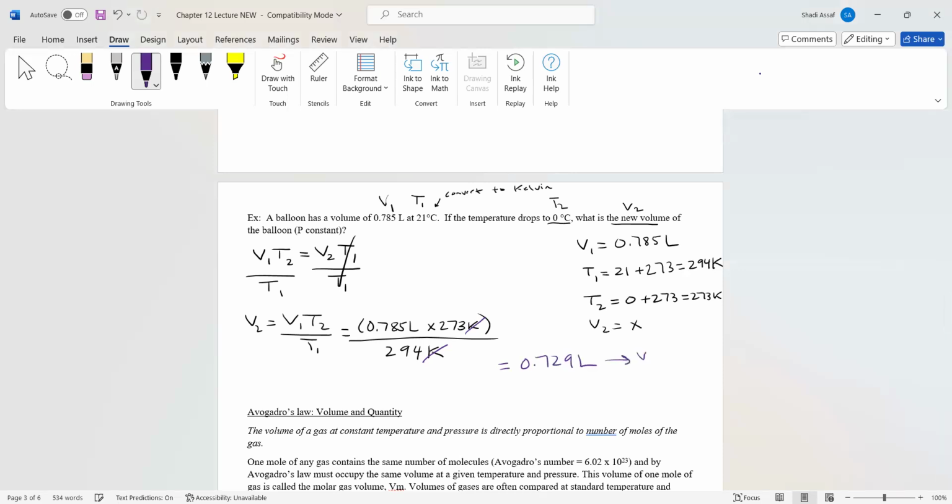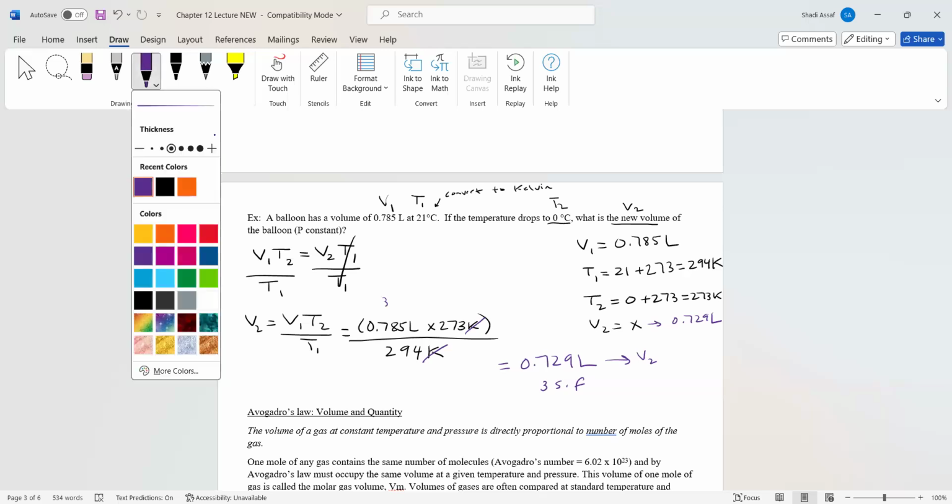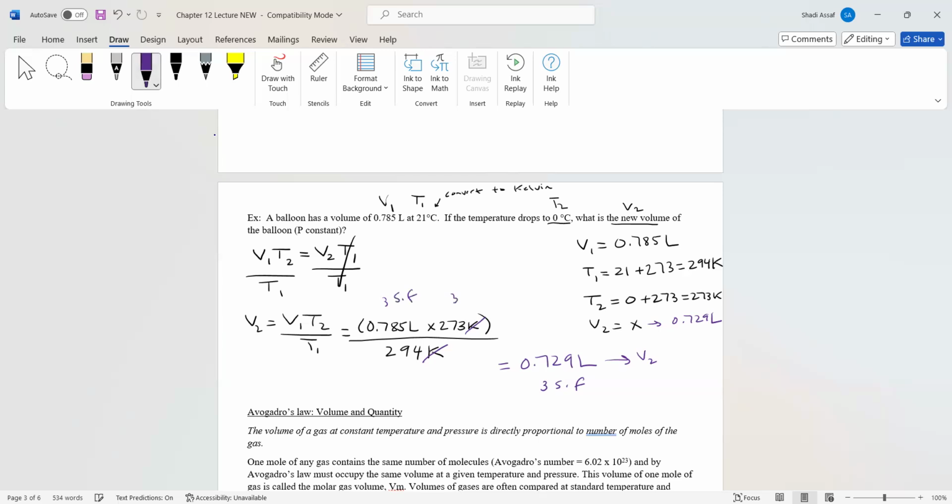So that's V2. This is 3 sig figs because each of these numbers has 3 sig figs. This is 3, 3, and 3.